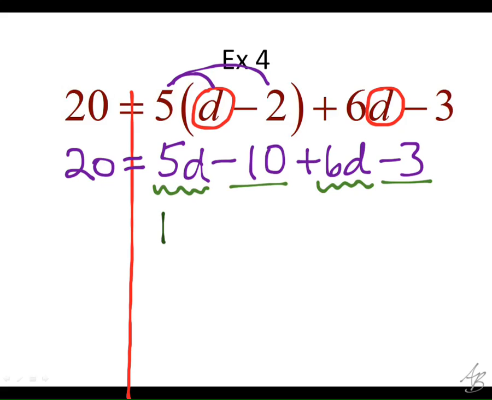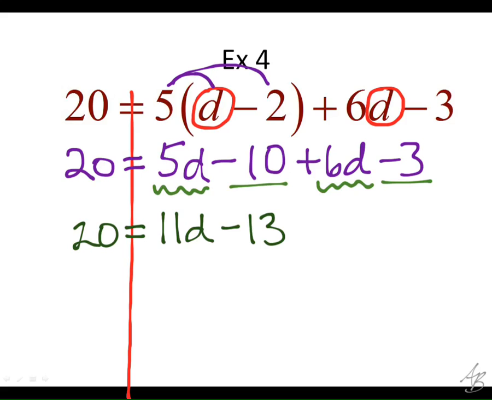Yep, 5 plus 6 is 11, so we get 11d for that. And then, Dorcale, what do we get when we combine that negative 10 and the negative 3? Good. Since they're both negative, we're going to add them together and get a bigger negative. So we get a minus 13 there. And then on the left side, since that 20 can't combine with anything, we'll just drop that down.